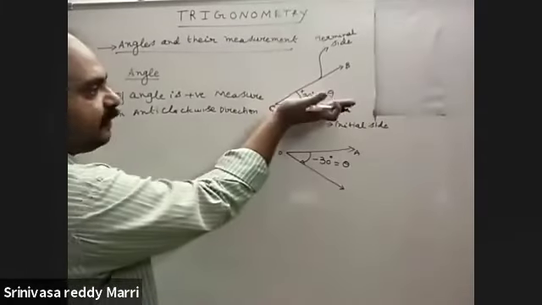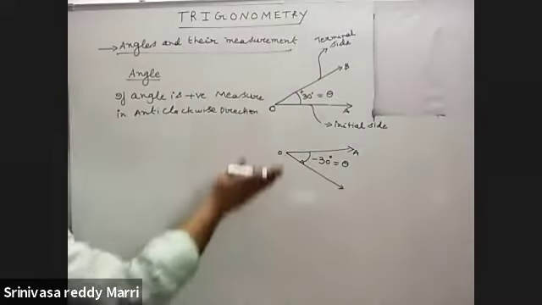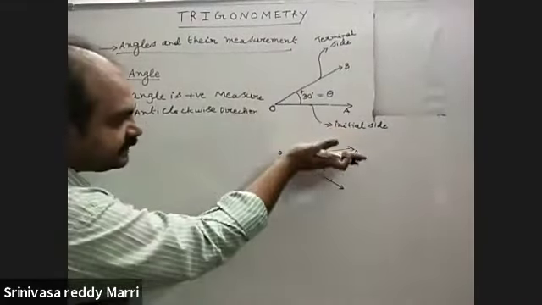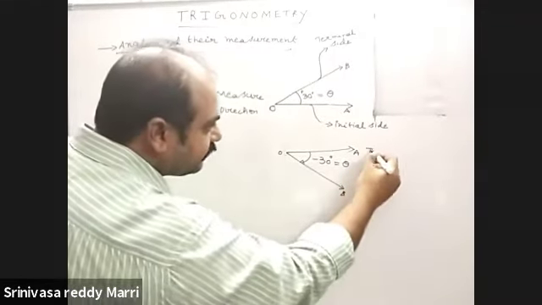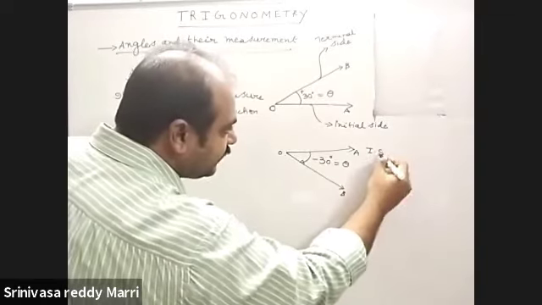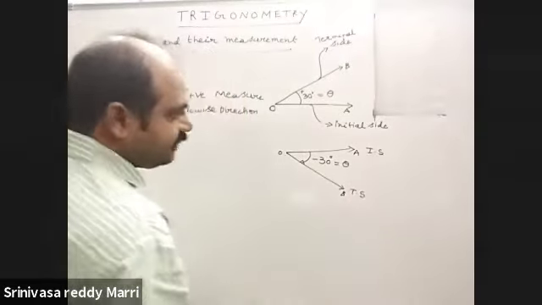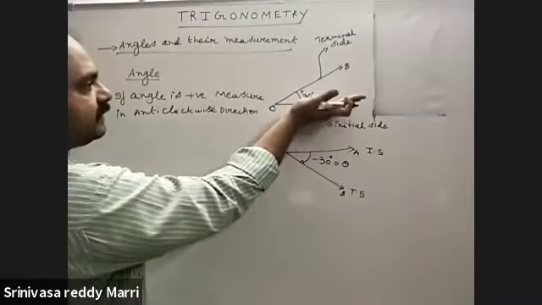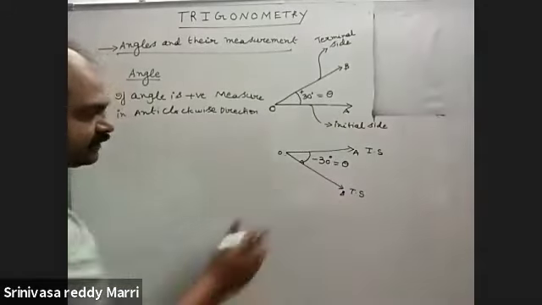If the angle is positive, measure in the anti-clockwise direction and then draw the ray. If the angle is negative, measure in the clockwise direction and then draw the terminal ray. This is the initial side and this is the terminal side. If the angle is positive, the terminal side will be above. If the angle is negative, the terminal side will be below the initial ray.